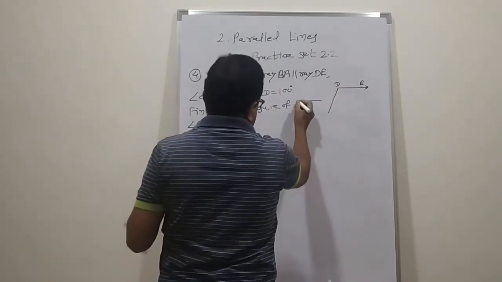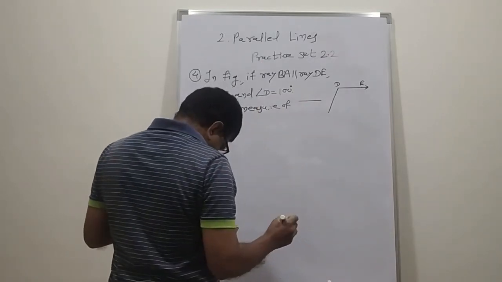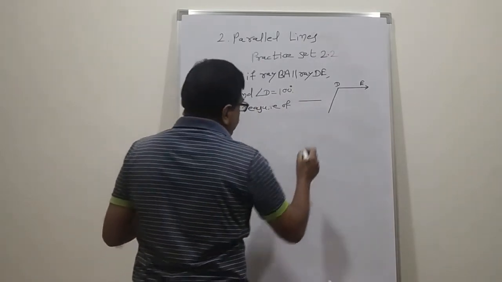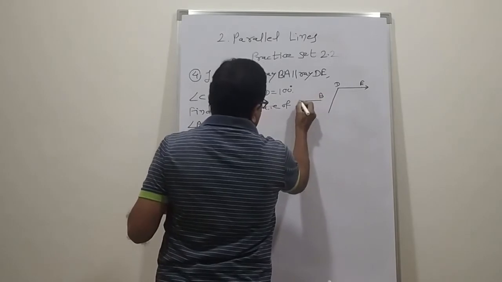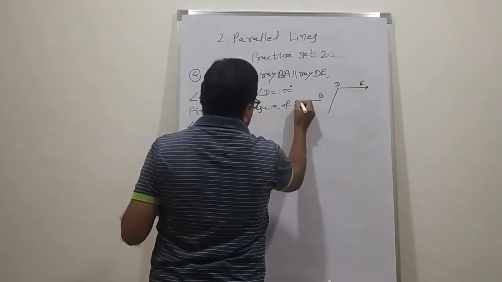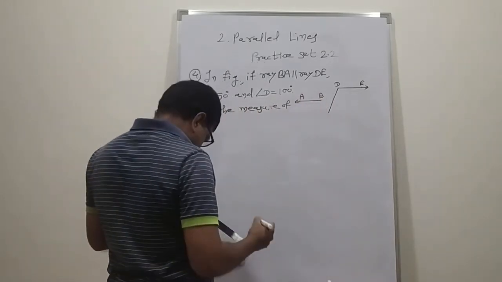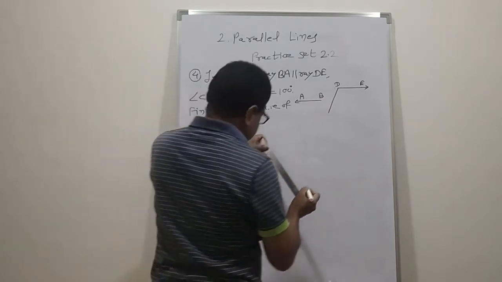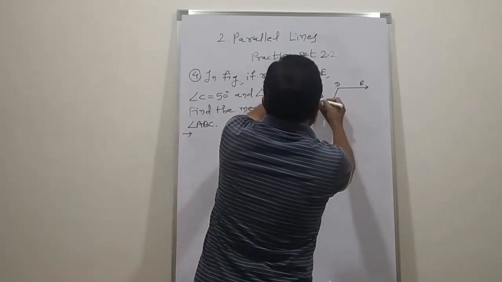Now this ray BA is parallel to ray DE. Join this point.